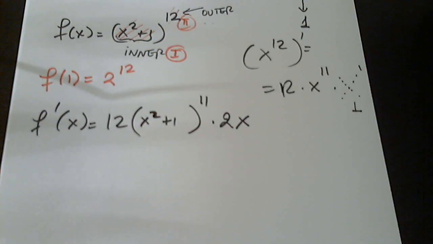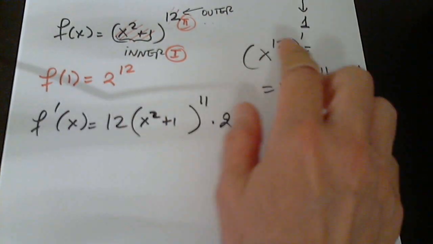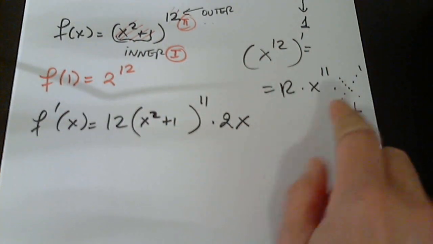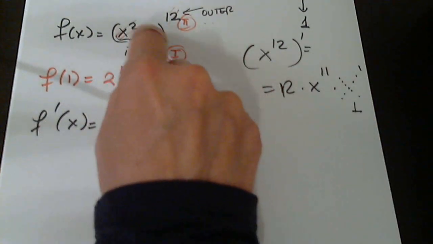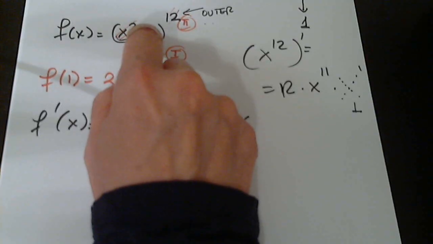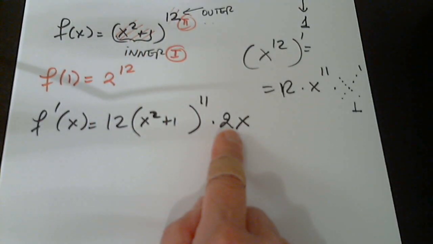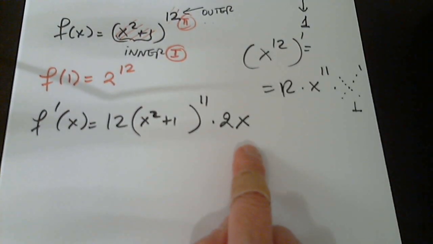So when I have a function, not just plain x, taken to a power, I differentiate in the same way. But this time, this is not x. This is x squared plus 1. And when I differentiate it, I don't get 1. Therefore, I have to have it in the problem.